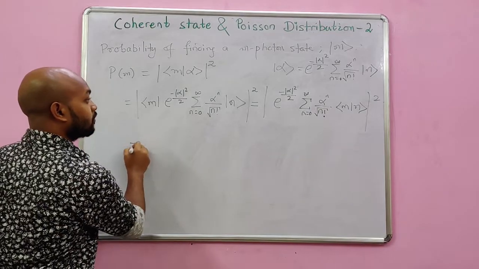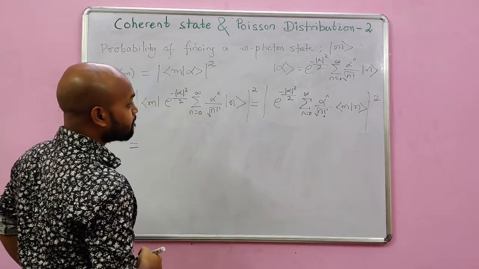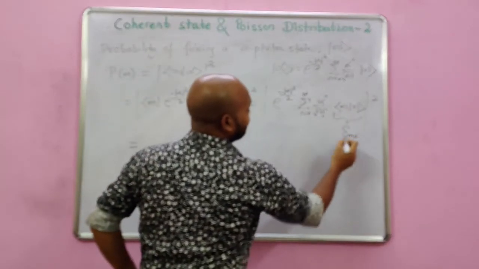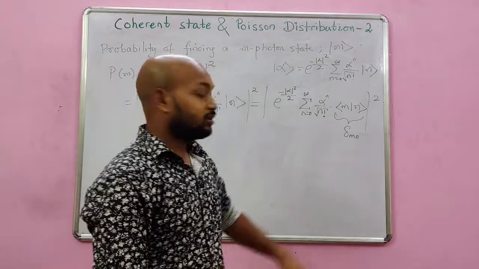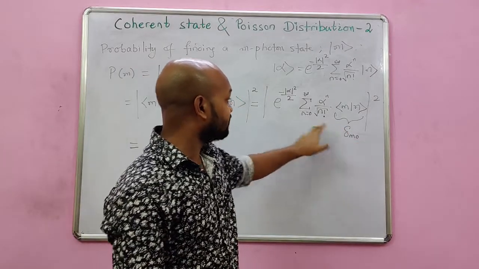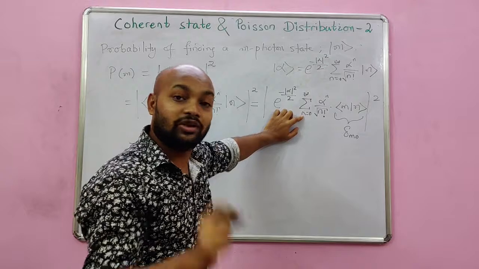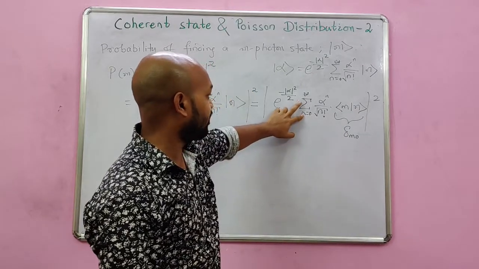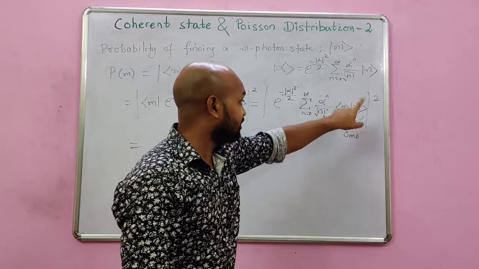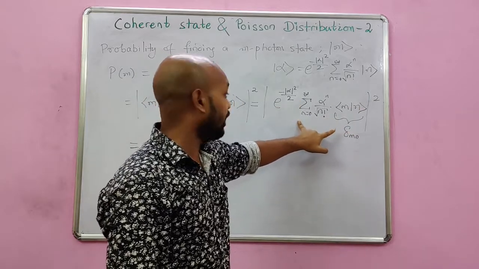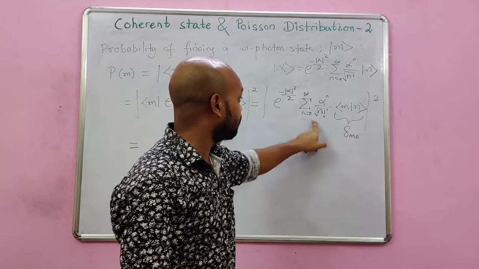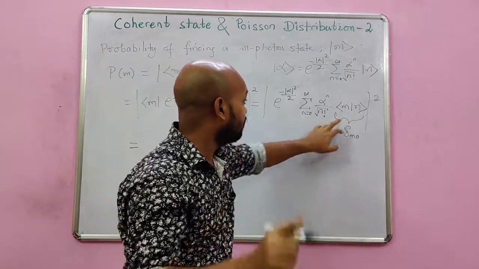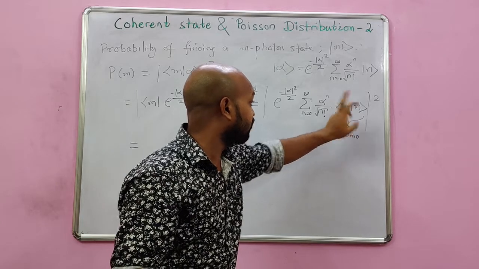In the next step, we could see that this inner product is going to be delta mn. So this Kronecker delta forces the n value to take only the m value. n has a range of values, 0 to infinity, but for this thing to survive, n has to be equal to m. That is the reason it boils down to a single value where n becomes m.